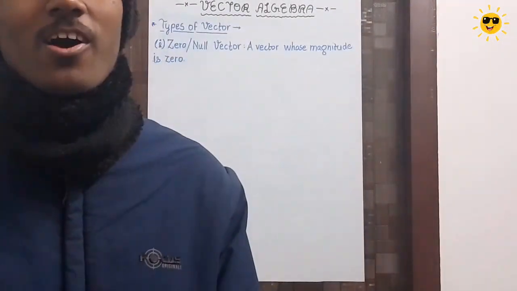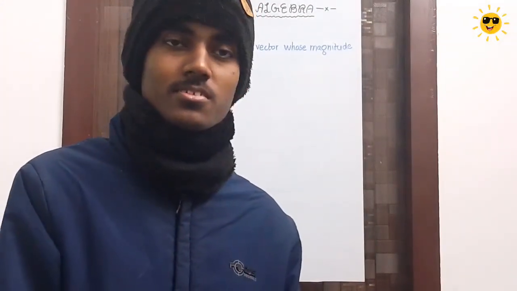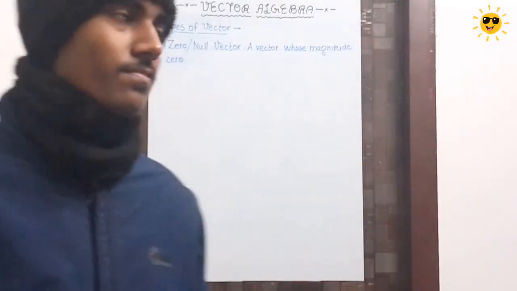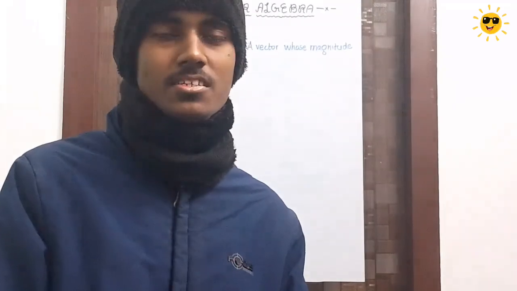Now, representation. If we were asked to represent zero vector on a graph, how are we going to represent it? That's very complex work, because if there's nothing, then how can we represent nothing?